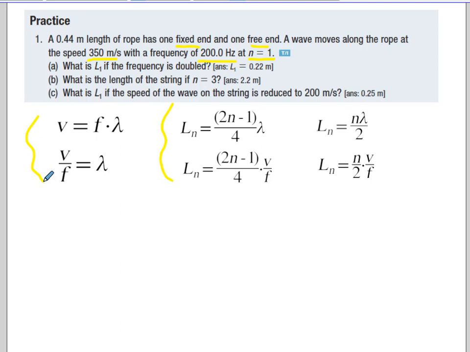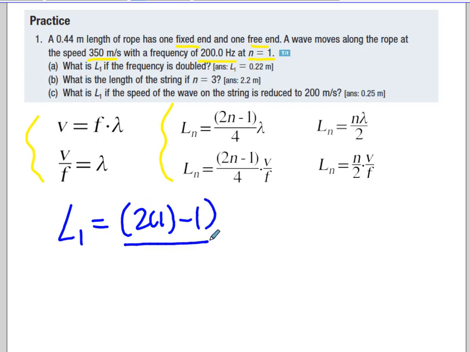Okay, so what you could do is you could take the expression, put L1 equals (2 times 1 minus 1) all over 4, and then instead of lambda we could replace it with velocity over frequency, and our velocity is 350.